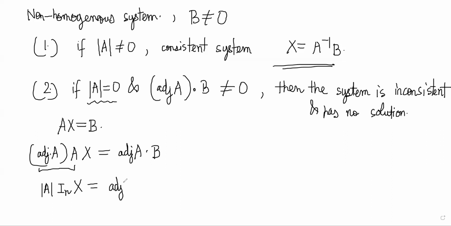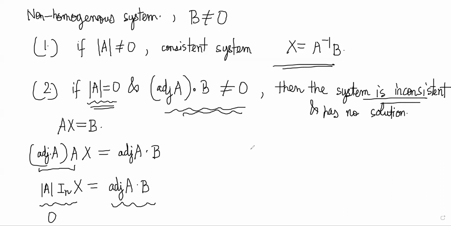So even that has to be equal to 0. So left hand side is coming 0 because of this condition, but right hand side we are saying is not 0. So that's why there is an inconsistency here, right? So the condition for no solution and an inconsistent system of equations is that det of A is 0, but adjoint A times B is not 0.